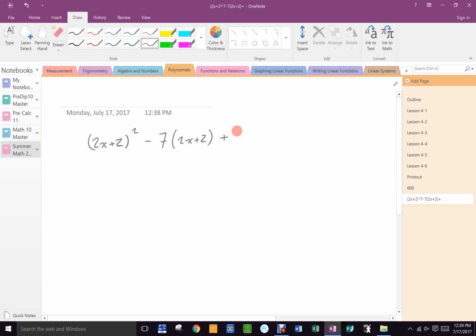Could you handle that? Do you want us to simplify it or expand it? I want you to factor. We're doing a factoring unit.